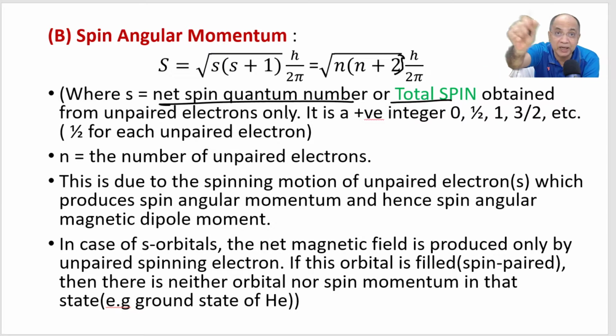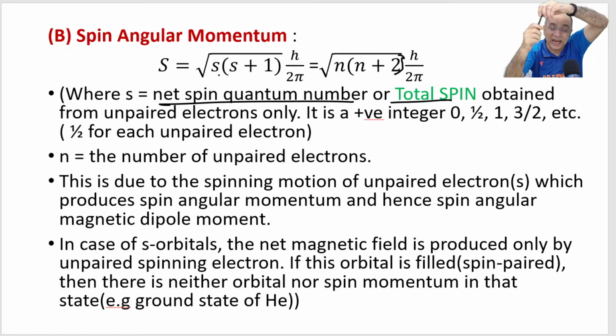The electron pairs are not taken into consideration. So S is always zero or a positive number. If there is no unpaired electron, it will be 0. There will be no spin magnetic moment, no spin angular momentum. Hence, there is no magnetic field from the side of spinning. There is no net spinning because they are cancelling each other.